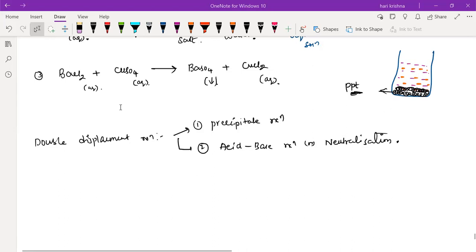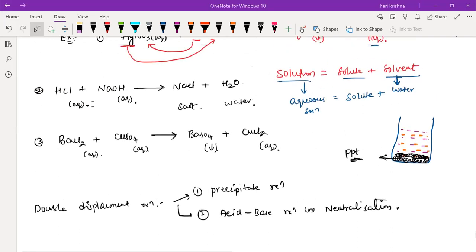Whenever two compounds are reacting in a double displacement reaction, if one of the products is an insoluble substance, that is the precipitate reaction. Simple, right? When two aqueous solutions react, and one product is an insoluble substance, that is a precipitate reaction. So example number 3 is a precipitate reaction example, right?